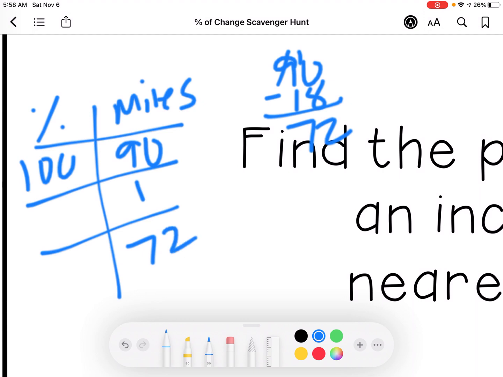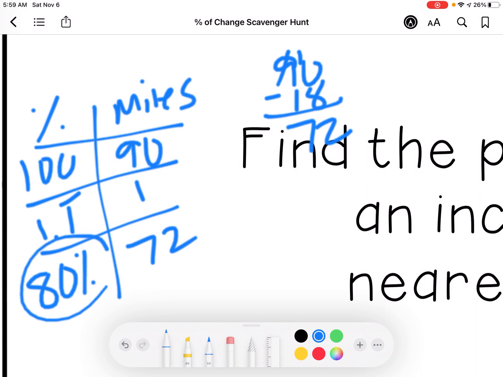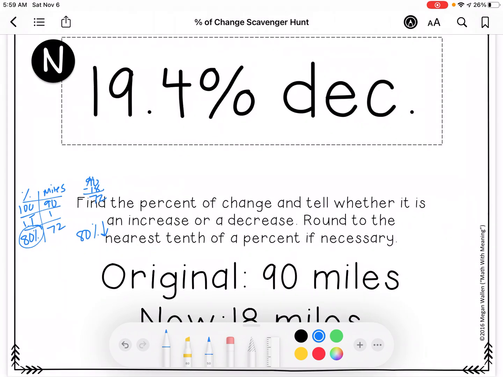So we're going to do 100 divided by 90. Get 1.1 repeating. Multiply by 72. And I get 80%. So it's an 80% decrease because I'm going from 90 to 18.